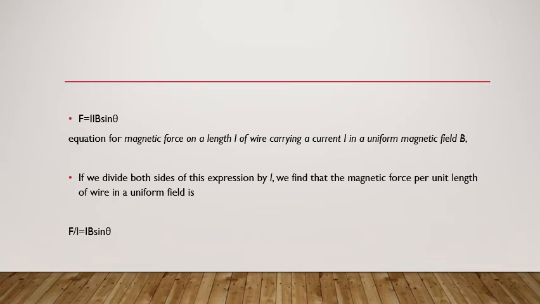F = I L B sin theta is the equation for magnetic force on a length L of wire carrying a current I in a uniform magnetic field.